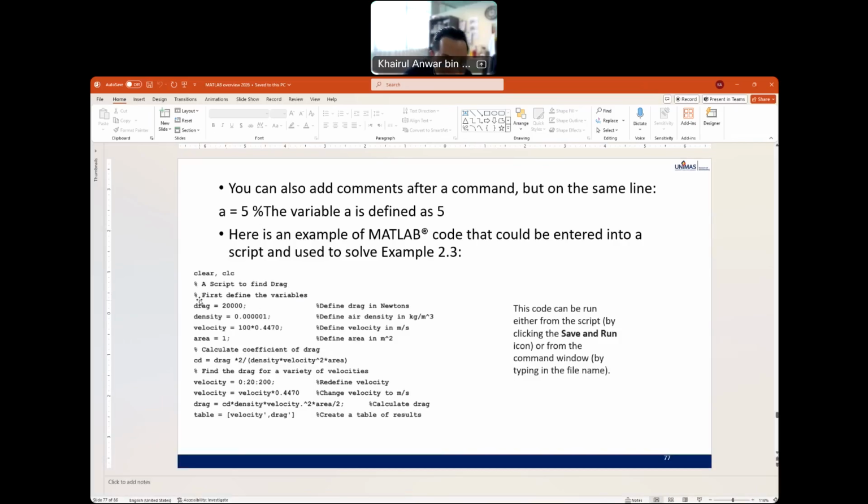So the first two lines are commands. Now it starts with defining the variables. Each of the variables has a specific comment saying what it represents. Then we have another command, then this CD is equal to the equation.